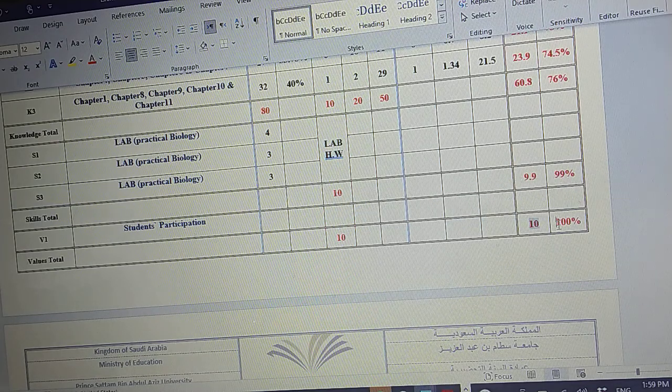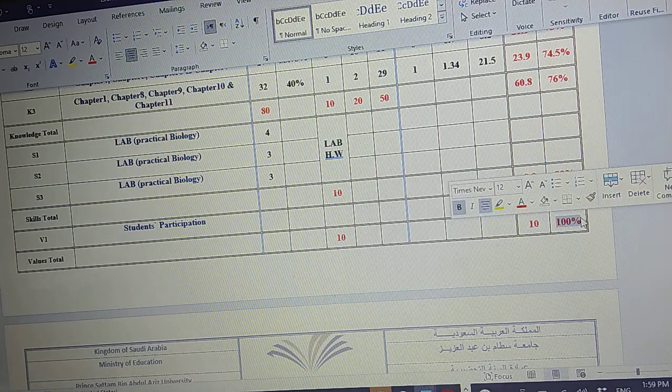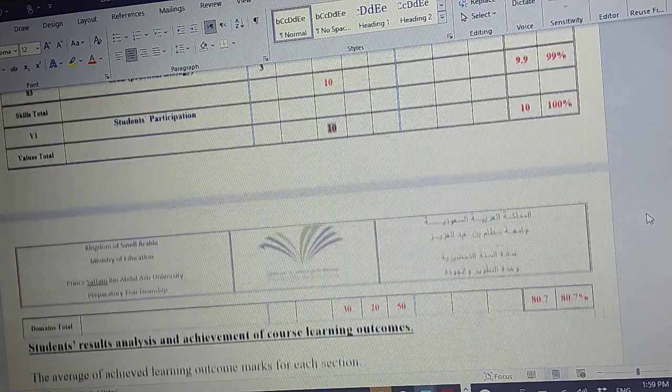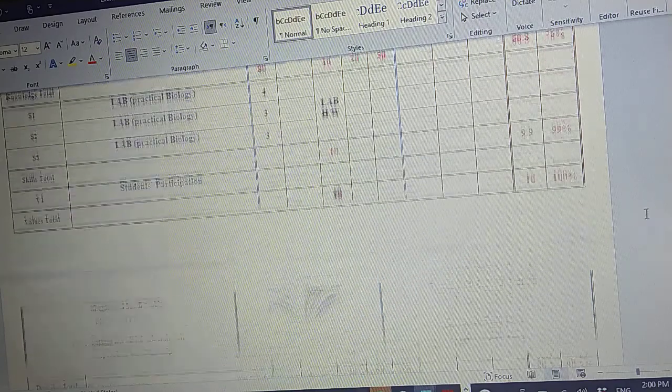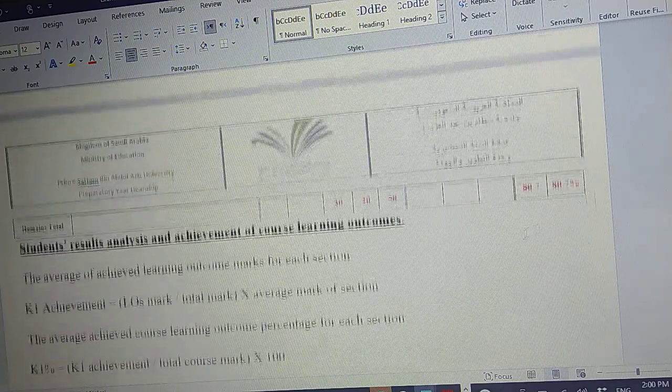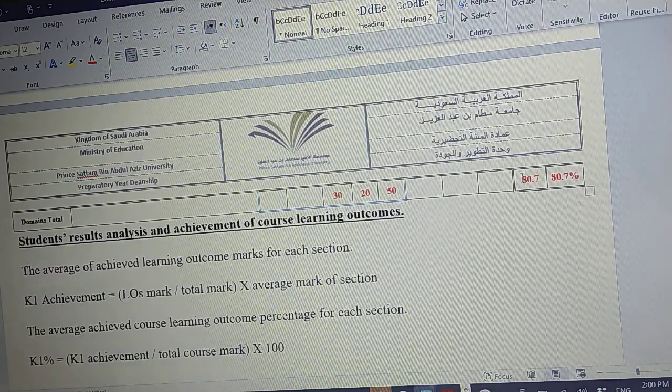So the students achieved 100% for this assessment method. When I calculate the achieved mark of the total course, it will equal 80.7 out of 100. So the total percentage for all the course learning outcomes will be 80.7%.